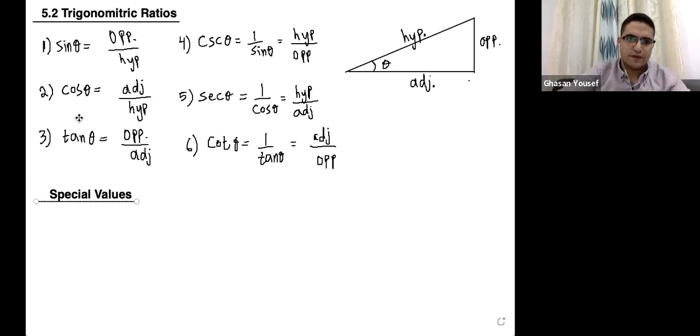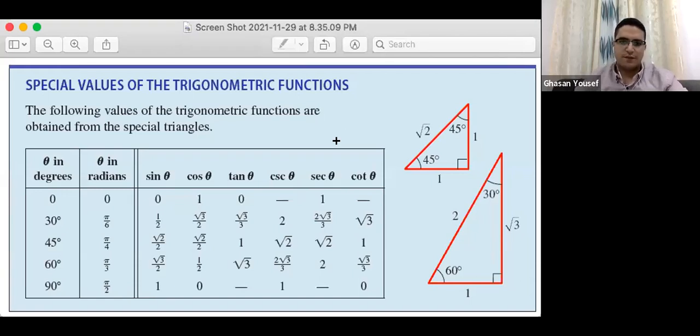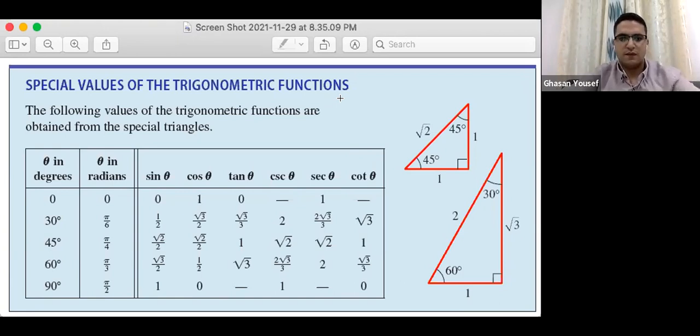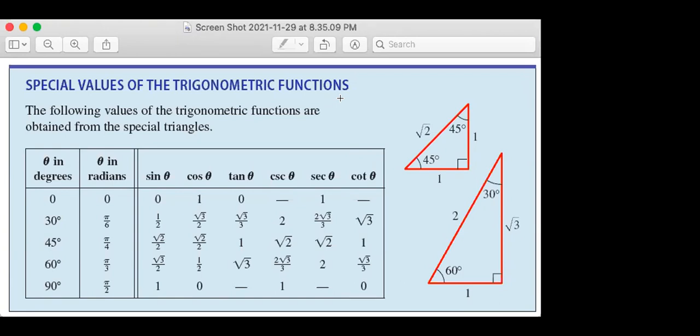This table, which we're going to use a lot during this section, has special values for some angles. This table will be attached with the notes for this section. Can you see this table? Yes, we can.